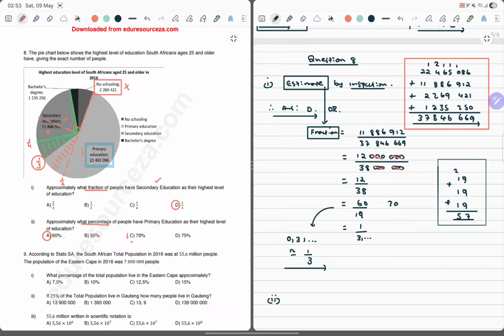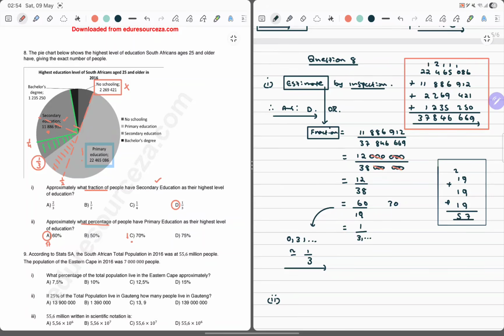So as a result, 60 becomes more attractive because we look at how much above the half mark it is. So stuff like that, man. That is what we have.